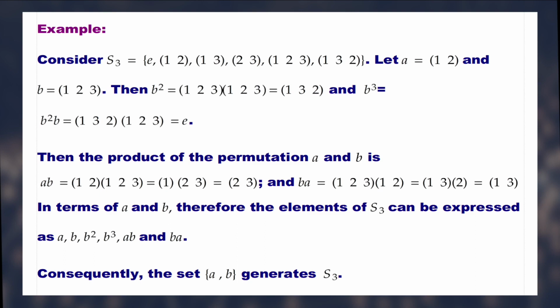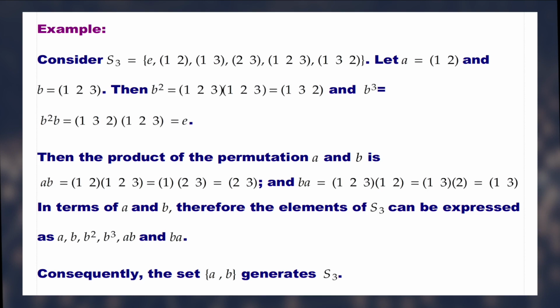So B squared times B is equal to (1 3 2) times (1 2 3), which is equal to the identity. 1 goes to 2 and 2 goes to 1, implies 1 goes to 1. Next, 2 goes to 3 and 3 goes to 2, implies 2 goes to 2. Similarly, 3 goes to 1 and 1 goes to 3, implies 3 goes to 3. So finally we get the identity permutation.